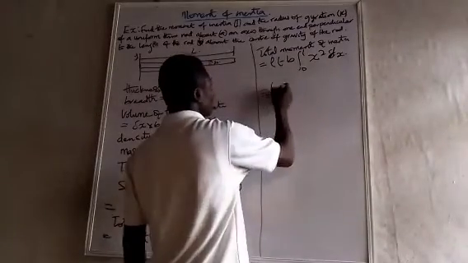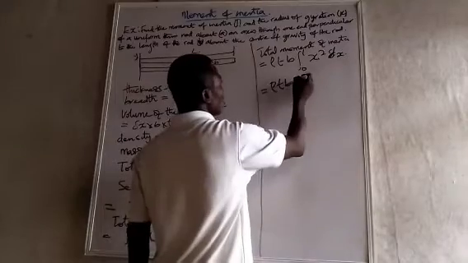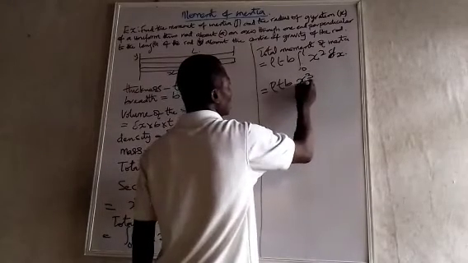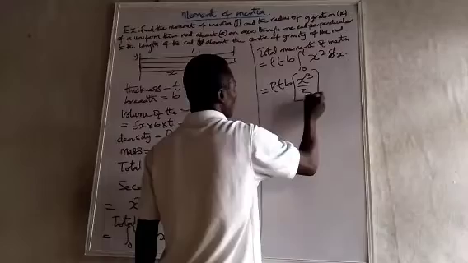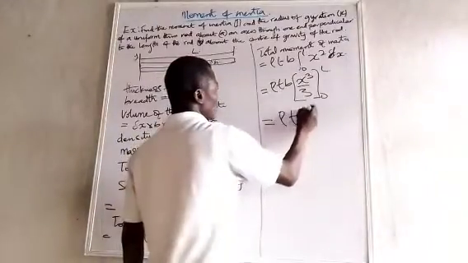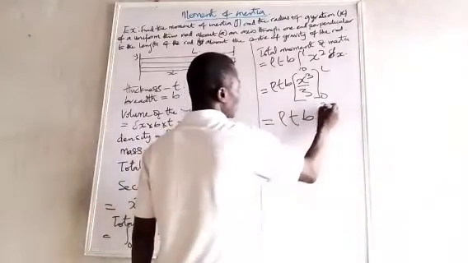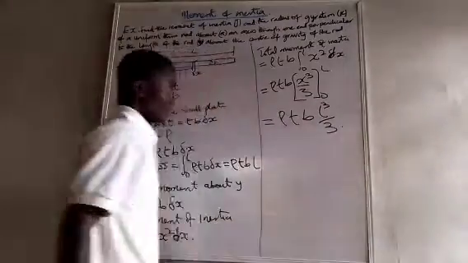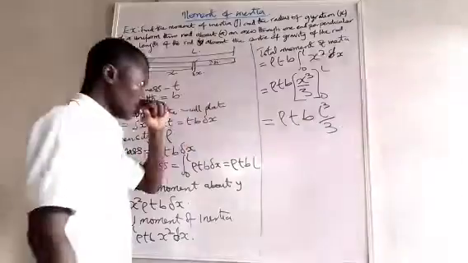So it is going to give me rho T B x cubed over 3 from 0 to L, which at the end of the day is going to give me rho T B L cubed over 3.